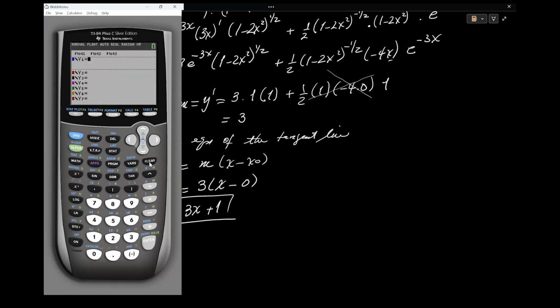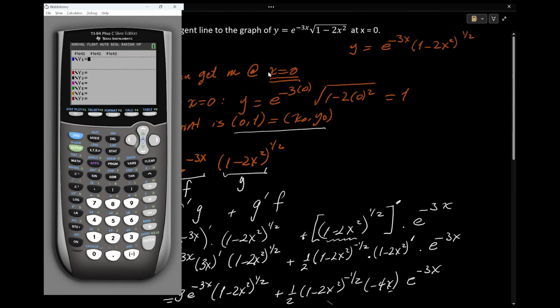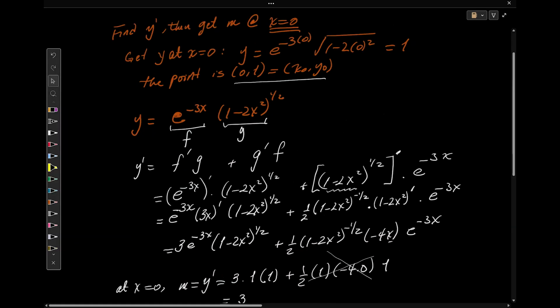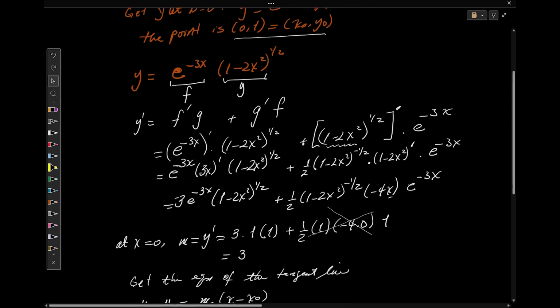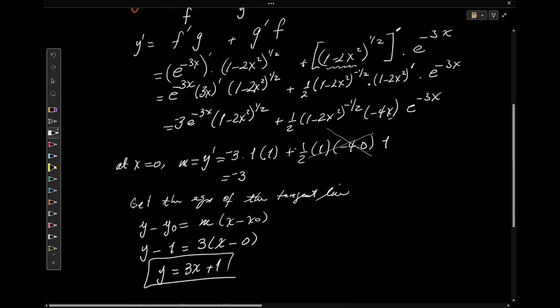So let's clear this and write down what our original equation was, which was e to the 3x, second e to the negative 3x, right? Or 3x. Did I make a mistake here? I just found a mistake right now. So it should be a negative here. Should be a negative here. Negative there. Negative, negative.